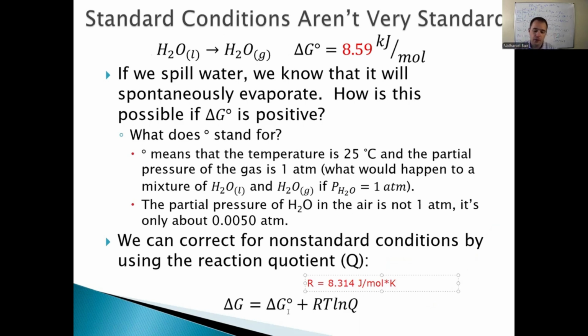And here's the problem. Because these delta G values are always in kilojoules per mole, you got to divide this by 1,000. So when we plug it in, we usually plug in 0.008314 kilojoules per mole times Kelvin. So that's what goes in for our R value.